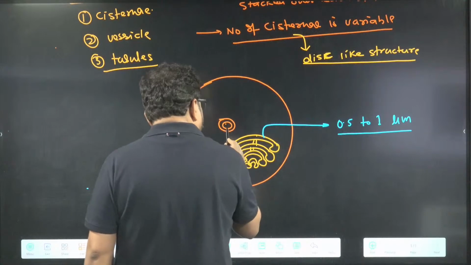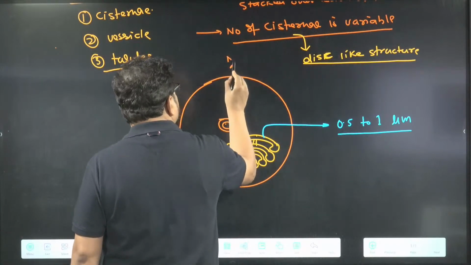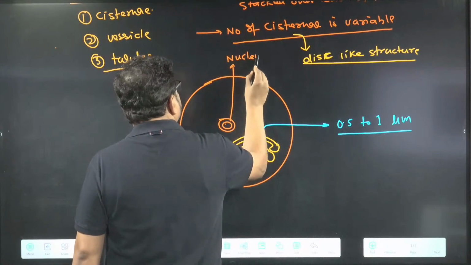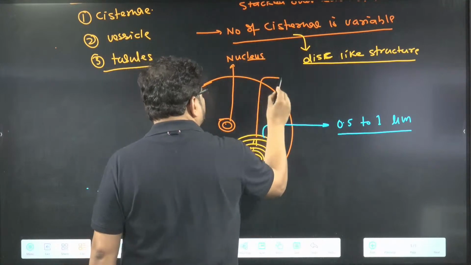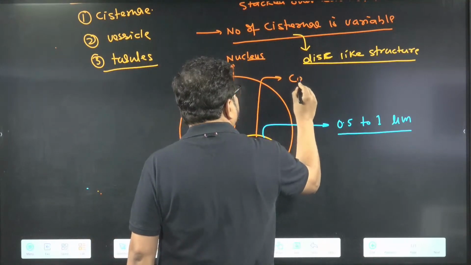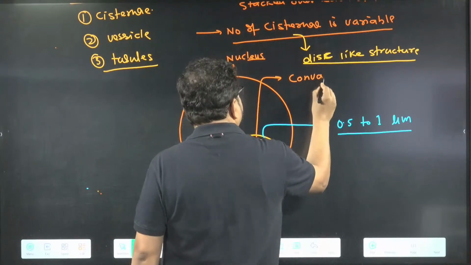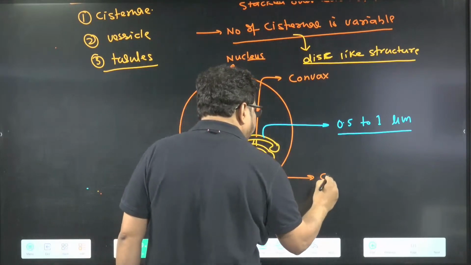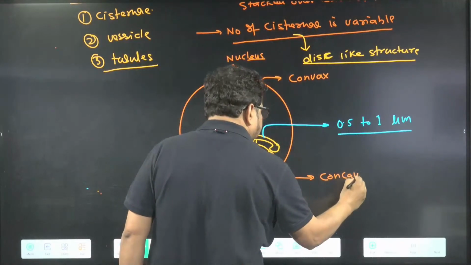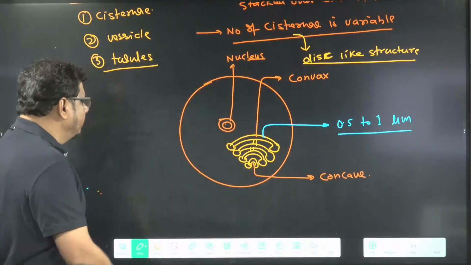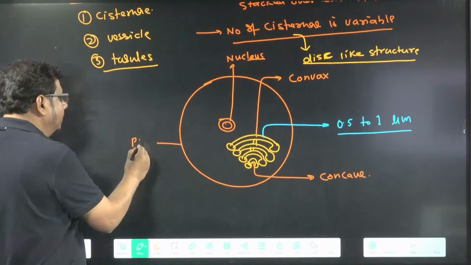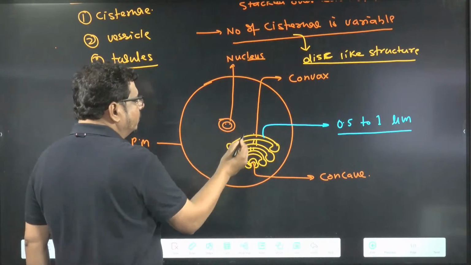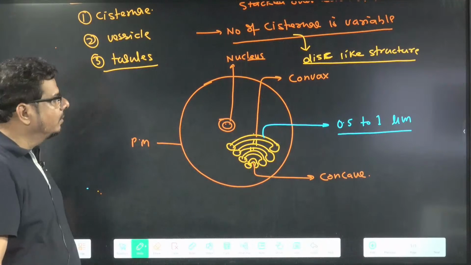Now look. This cisterna is discoid in shape. So toward the nucleus, it is convex. And toward the plasma membrane, it is concave. Do you agree or not? You see the structure. So toward the nucleus it is convex and toward the plasma membrane it is concave.